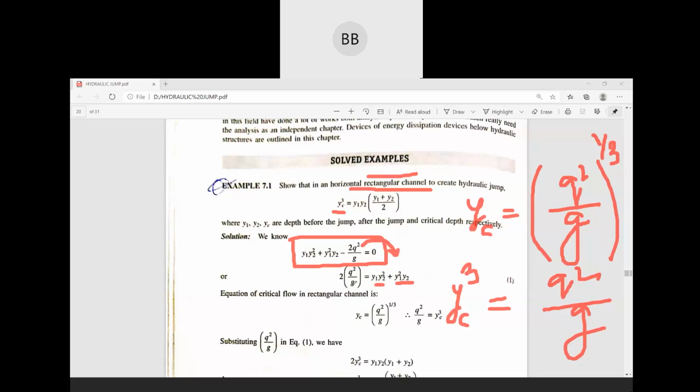So here in place of q square by g, in this equation we directly substitute yc cube.